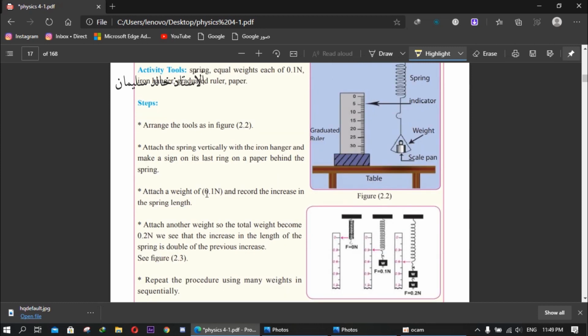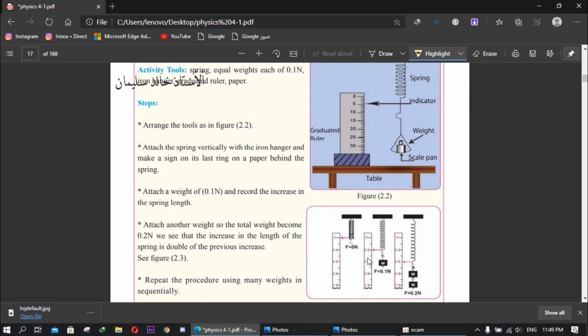Attach a weight of 0.1 Newton and record the increase in the spring length. When we attach this weight, we record this reading on the ruler. Attach another weight so that the total weight becomes 0.2 Newton. We see that the increase in the length of the spring is double the previous increase.